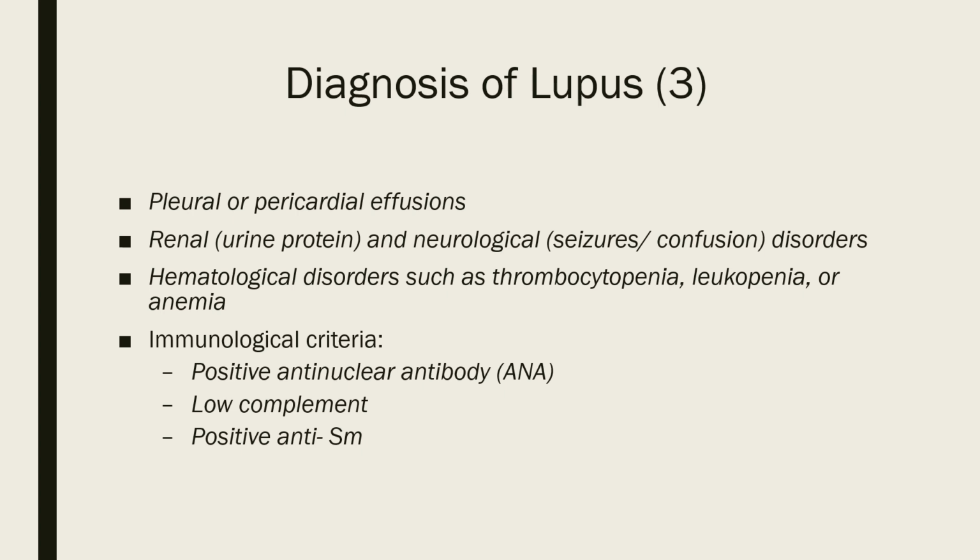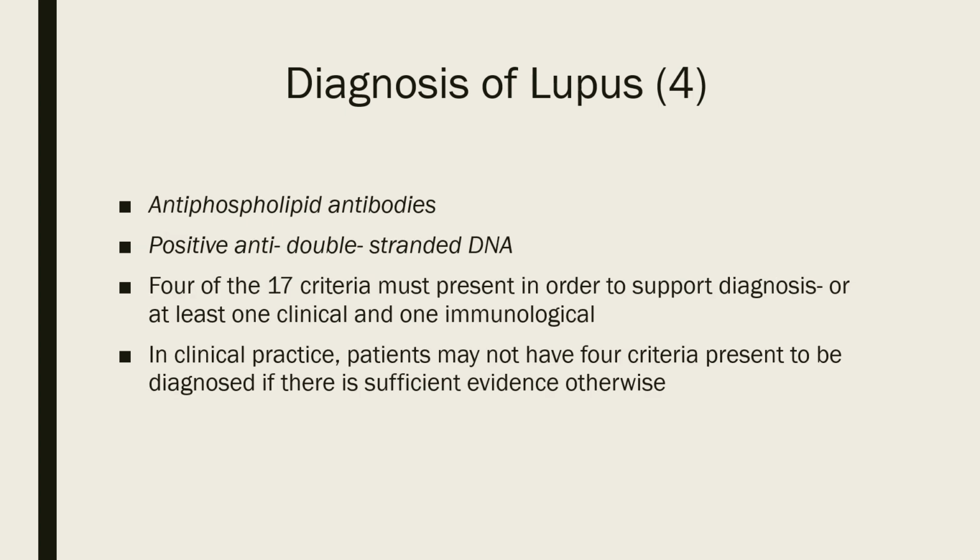Now, the immunological criteria can include a positive anti-nuclear antibody, otherwise known as an ANA, a low complement, a positive anti-Sm, anti-phospholipid antibodies, a positive anti-double-stranded DNA.